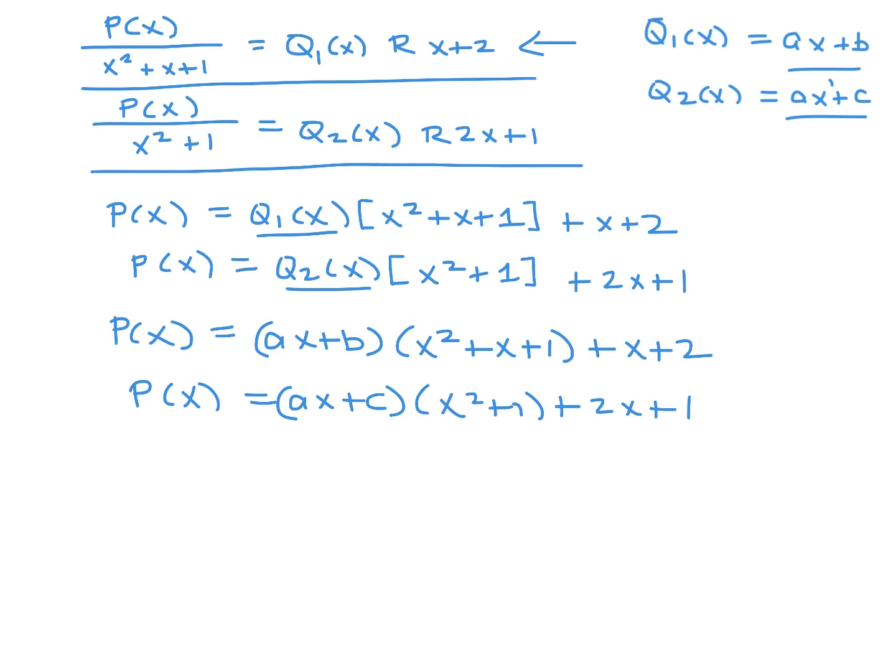So we want a system of equations, and the only way we're going to get one is by plugging in some values for x. I will choose x equals 0, x equals 1, and x equals negative 1.